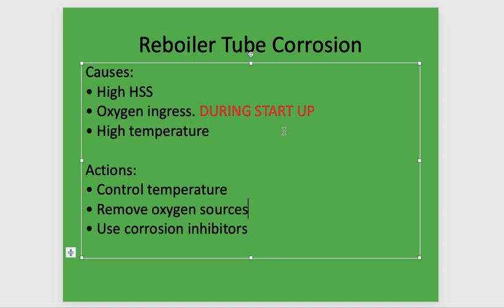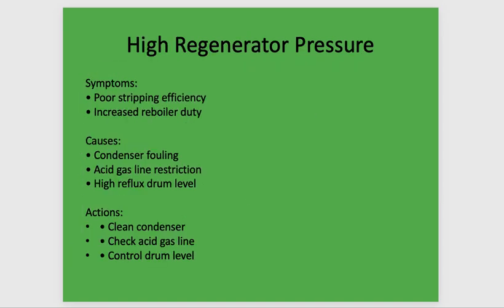Why? So as not to break the gasket at the reboiler and lead to steam leaking. This is another problem related to the reboiler during startup. Be careful of O2 ingress and reboiler leaking.